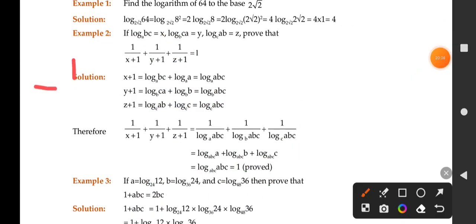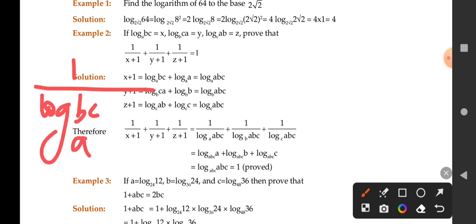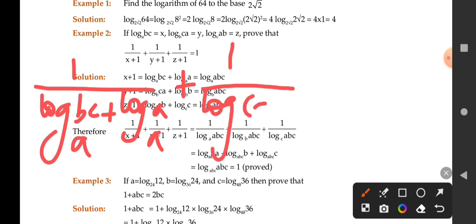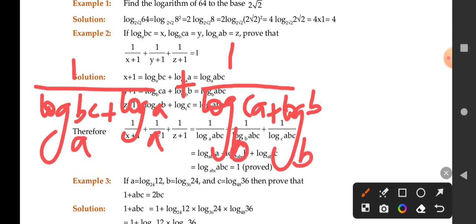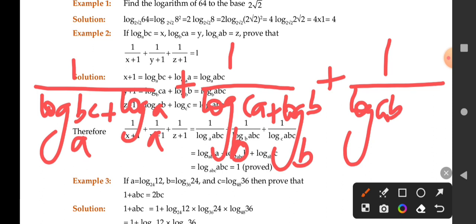We have 1 divided by log BC to the base A plus log A to the base A. Plus 1 divided by log Ca to the base B plus log B to the base B plus 1 divided by log AB to the base C plus log C to the base C.